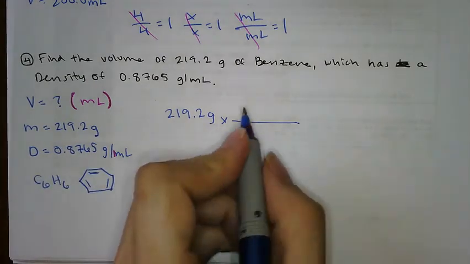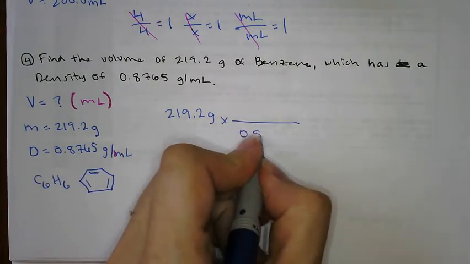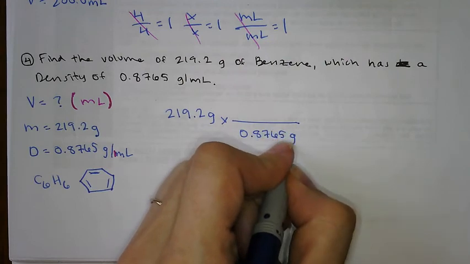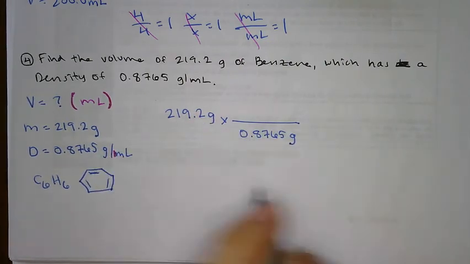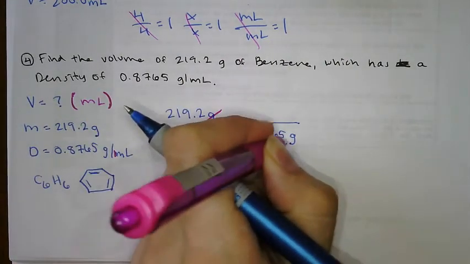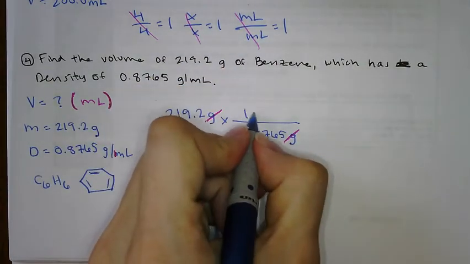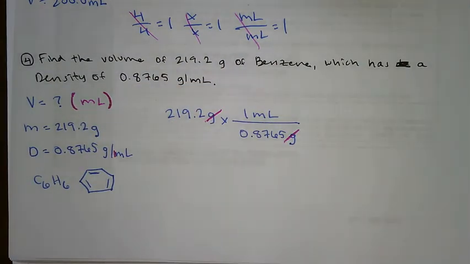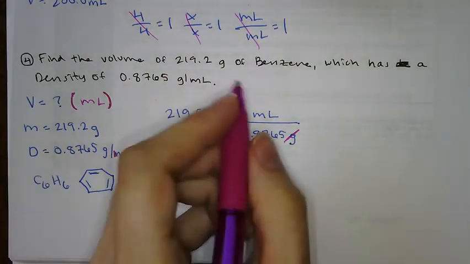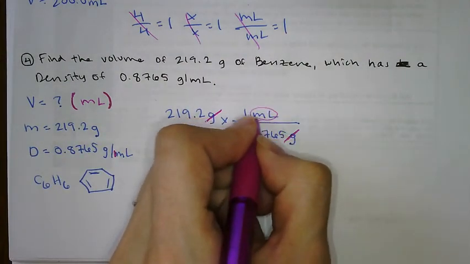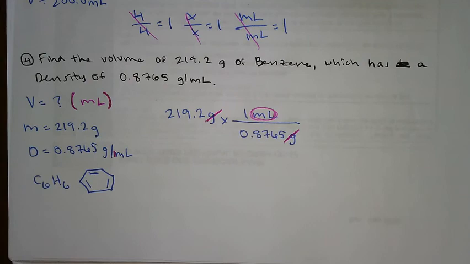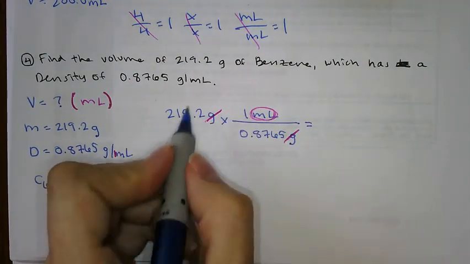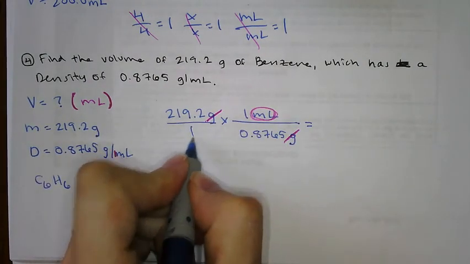I'm going to use that 0.8765 grams to cancel out grams here, which will leave me with milliliters. Okay, this time, when I put this in my calculator, 219.2, this is over 1.